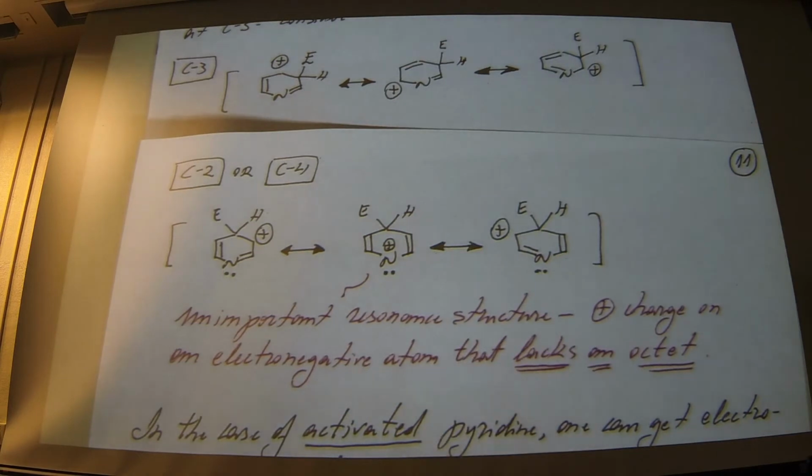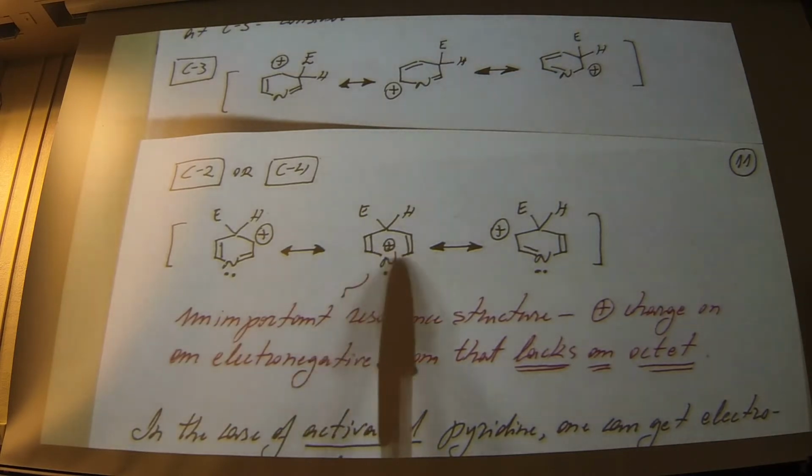It's bad because the nitrogen atom not only has a positive charge, a positive charge on an electronegative atom, but it doesn't have an octet either. Remember, the only time that we see important resonance structures where you put a positive charge on nitrogen or oxygen is when they have complete octets. Here, this does not have a complete octet.